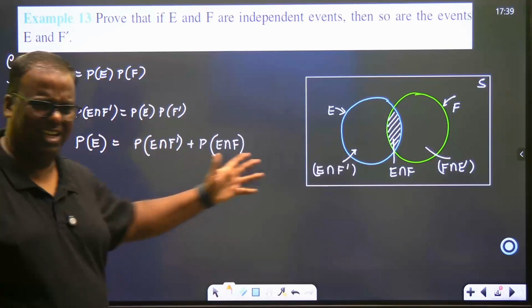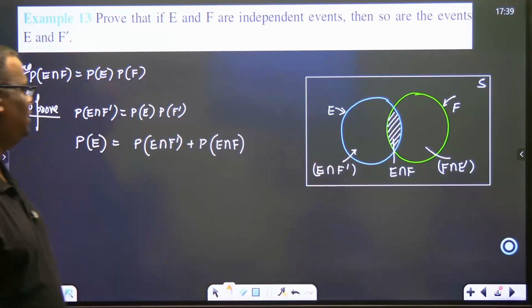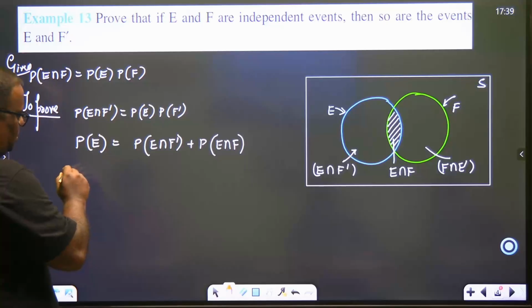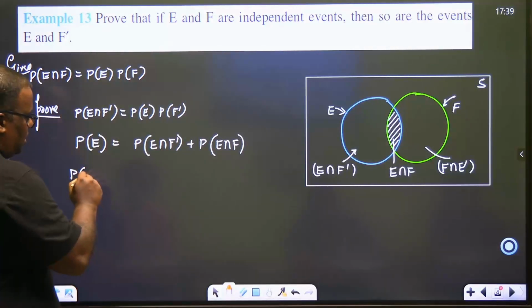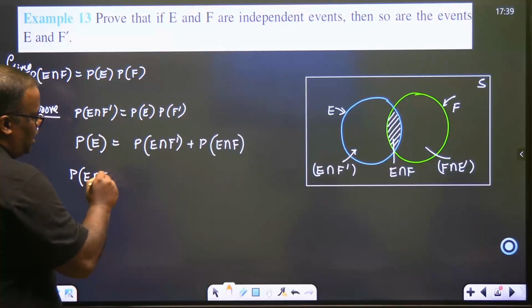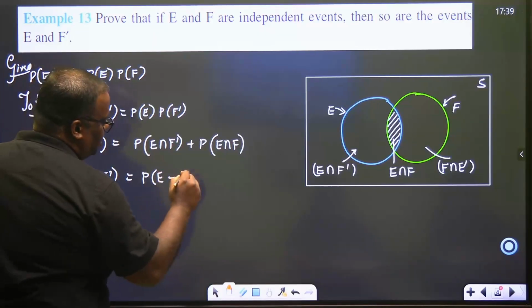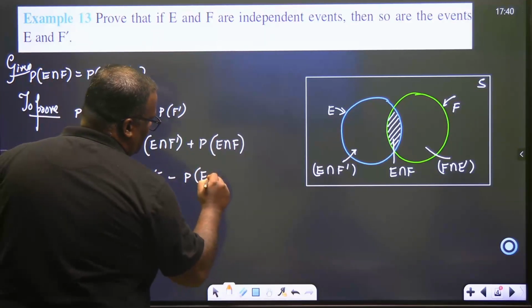P खाली लगाने का, आप उसको सेट करके सोचिए. Therefore, P E intersection F complement can be written as P of E minus P of E intersection F.